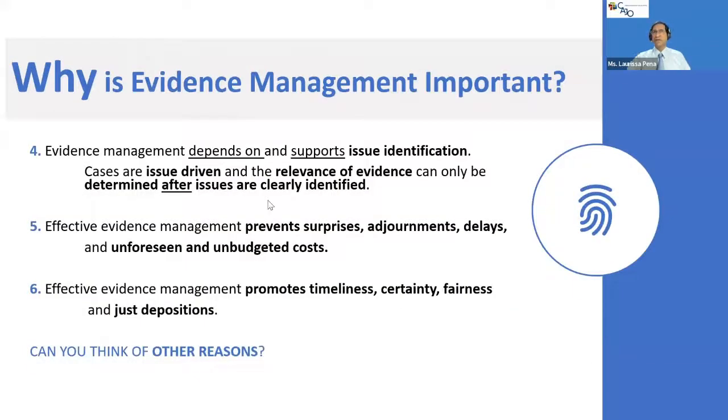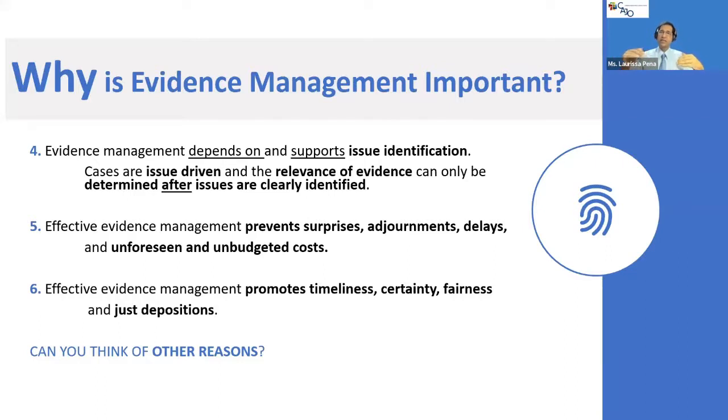The next three reasons for why evidence management is important. Because, and Dennis made this point the last time we met, he's made it again, evidence management exists in this kind of double relationship with issue identification. It depends on issue identification and it supports issue identification. Cases are issue driven.